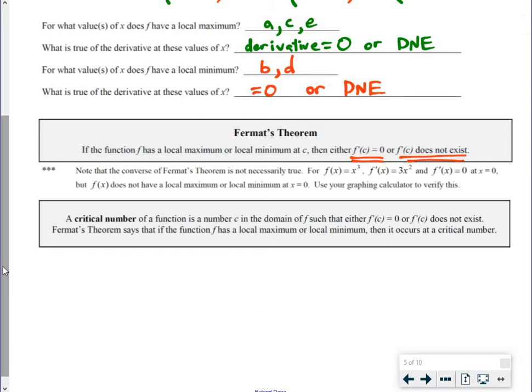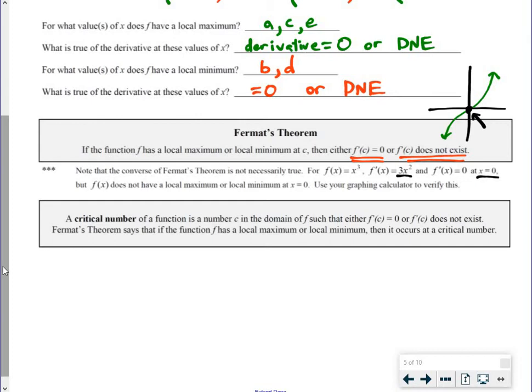So looking at a function like x cubed, the derivative is 3x squared, and it equals 0 when x is 0. But the thing is, if we graph x cubed, it looks something like that. Right here at the origin the derivative is 0, but it's not a max or a min, right?